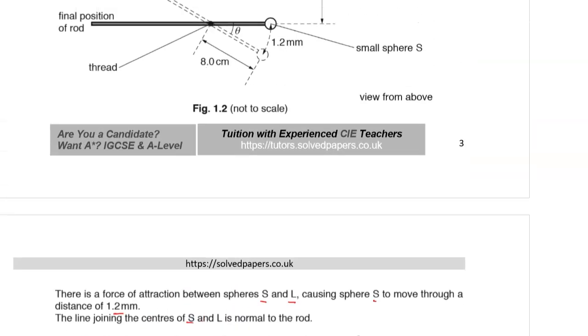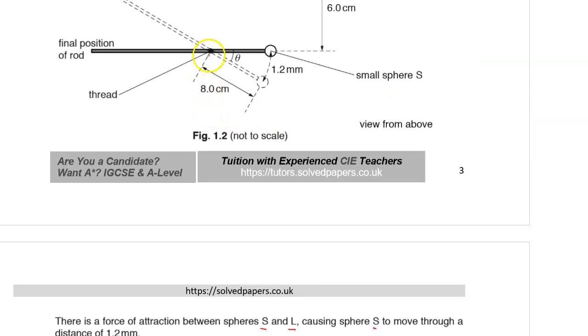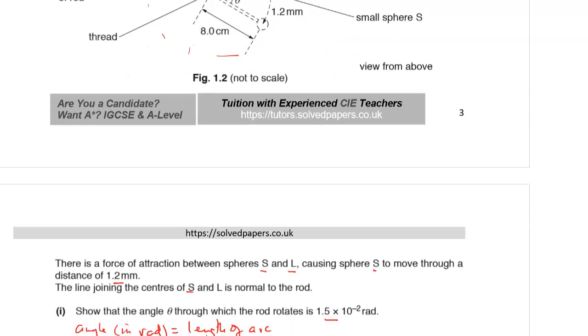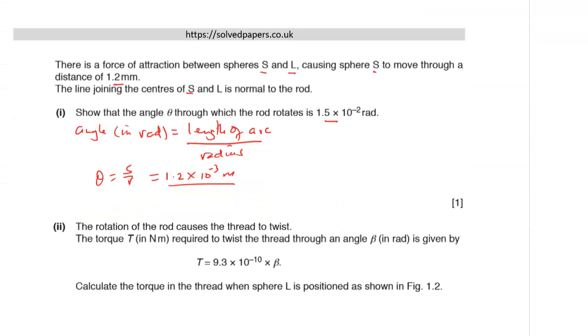If you continue this one to be a circle like this, then the radius is 8 centimeters right there.